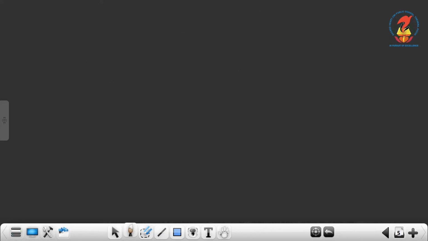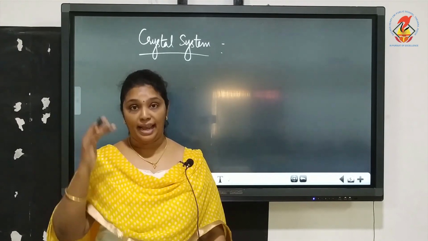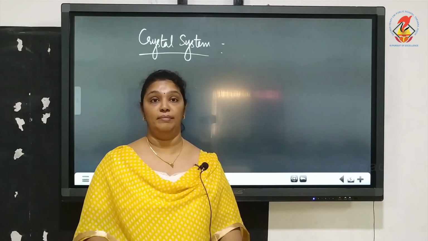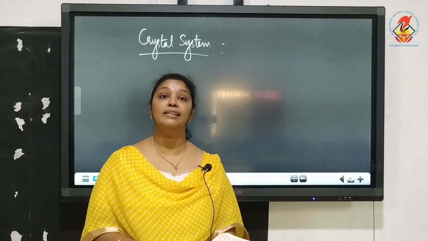So next, crystal systems. There are 7 crystal systems, and this classification is based upon the axial and angular parameters, which means they will have different values for axial and angular parameters. Now let's see the name of these 7 crystal systems.